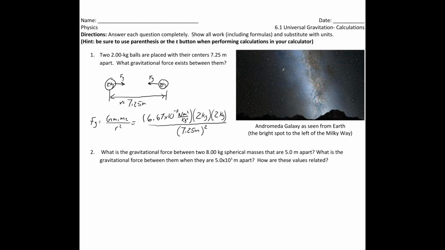Well, if you look, you have a kilogram times a kilogram, which is a kilogram squared. So if we rewrite the units up here, this has nothing to do with how to do this problem, by the way. I'm just kind of teaching. So kilograms times a kilogram. This becomes a kilogram squared.